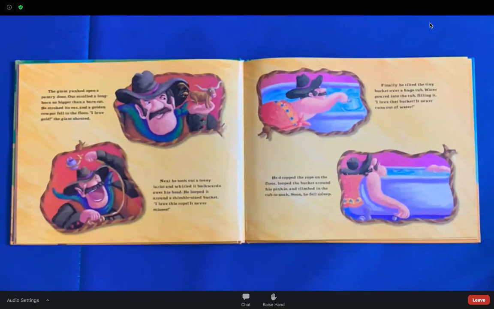"I love gold," the giant shouted. Next, he took out a teeny lariat and whirled it backwards over his head. He looped it around a thimble-sized bucket. "I love this rope. It never misses." Finally, he tilted the tiny bucket over a huge tub. Water poured into the tub, filling it. "I love that bucket. It never runs out of water." He dropped the rope on the floor. He looped the bucket around his pinky and climbed into the tub to soak. Soon, he fell asleep.